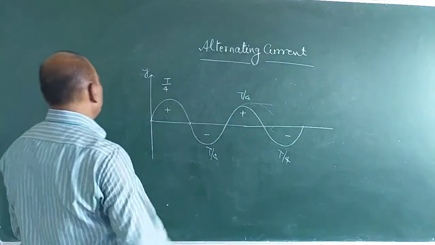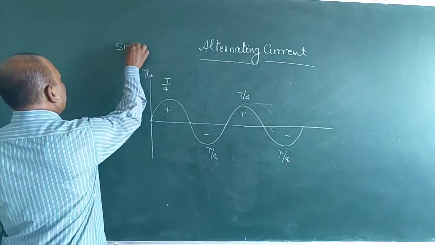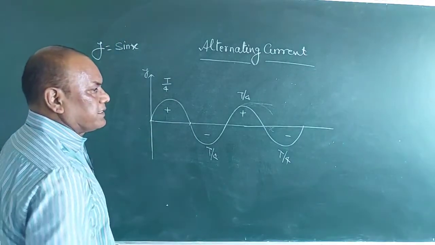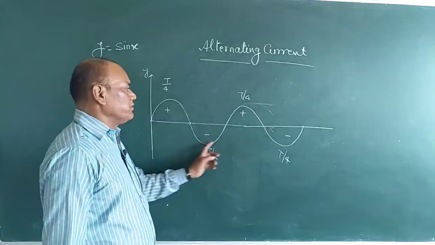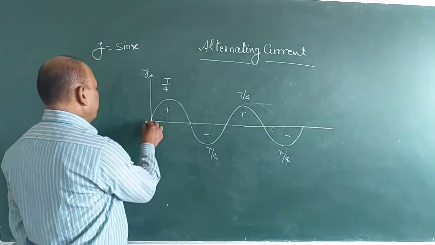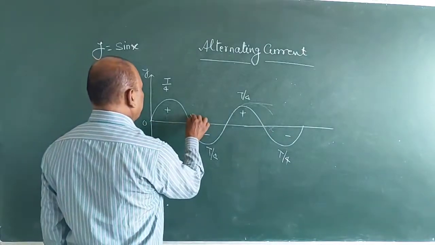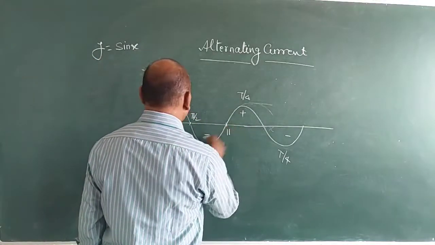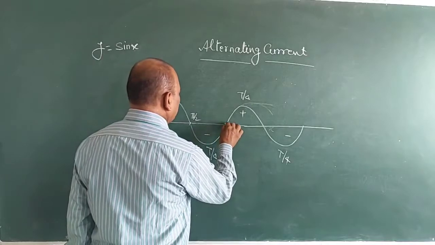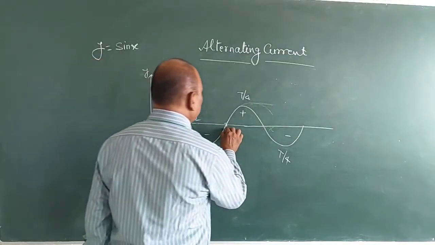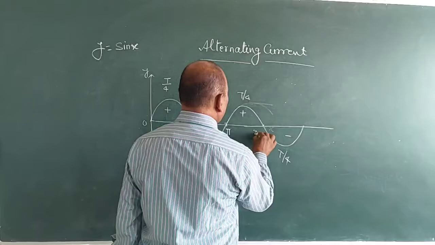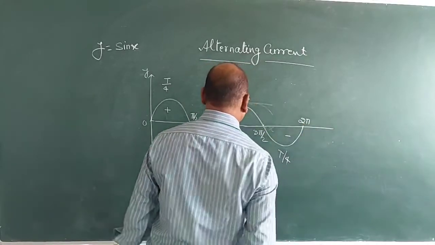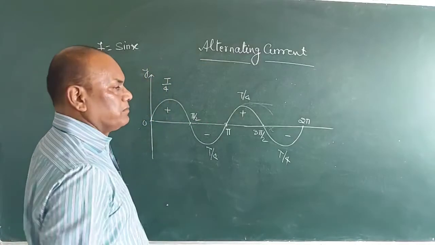And in trigonometry, you know that if there is a function y is equal to sin x, then we have such types of curve. From here it is 0 and here it is pi by 2. From here this is pi and here 3 pi by 2 and after that 2 pi.